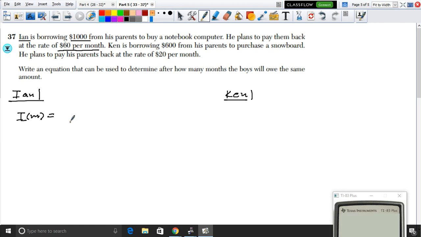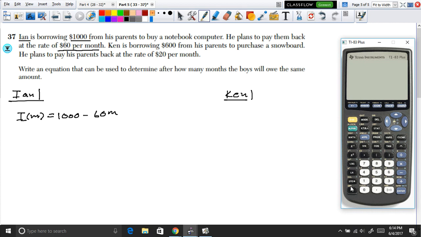So that means that the cost, or how much Ian is going to owe, is going to be 1,000, which is what he originally borrowed, and every month he's going to take away $60 from that amount. Let's see if this makes sense. Well, when he borrowed, he owed 1,000.